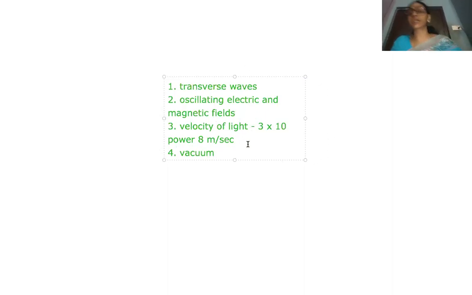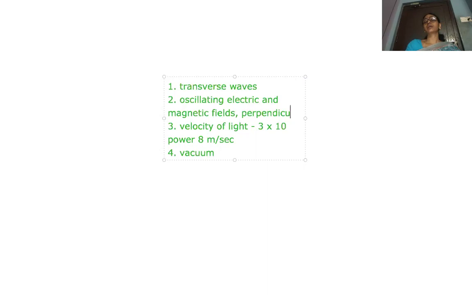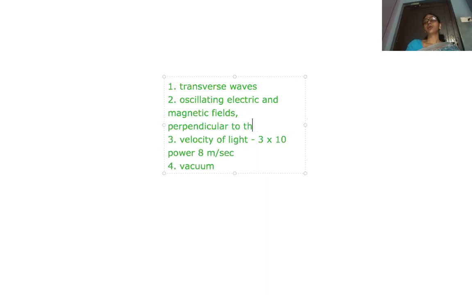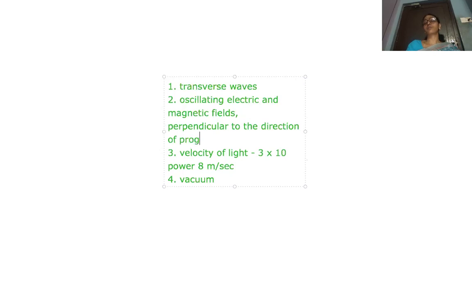Let's repeat once again. What are the characteristic features of electromagnetic waves? They are transverse waves. They are produced by oscillating electric and magnetic fields. And one more point, their oscillation is always perpendicular to the direction of propagation of the wave.